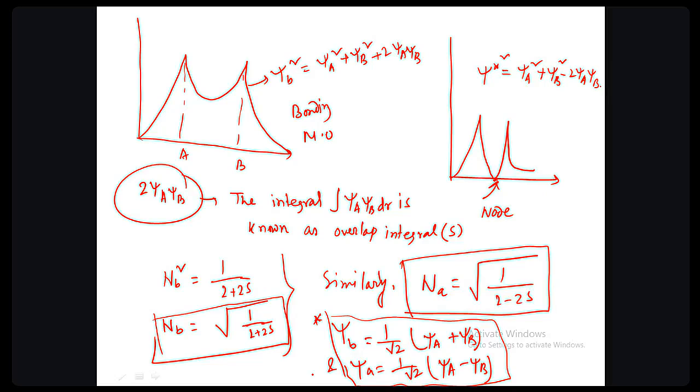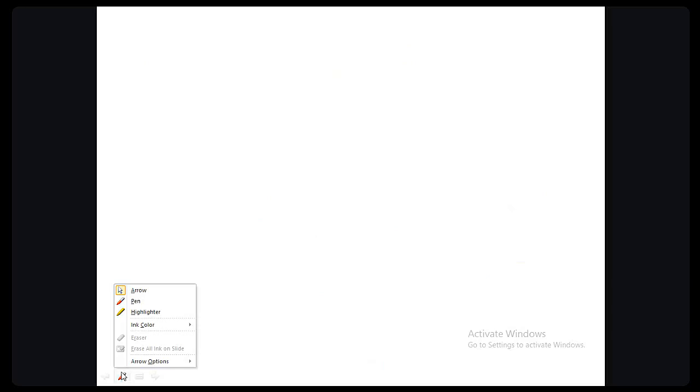So what is S? S serves as the criterion for bonding, anti-bonding, and non-bonding. Why? Because we know that S is called the overlap integral. I will just show you the general importance of S. For bonding, S is greater than 0.